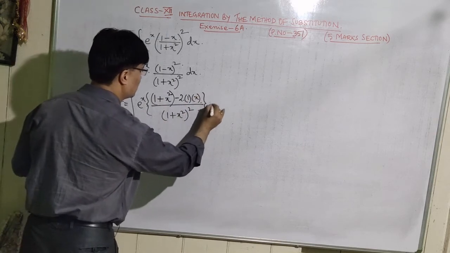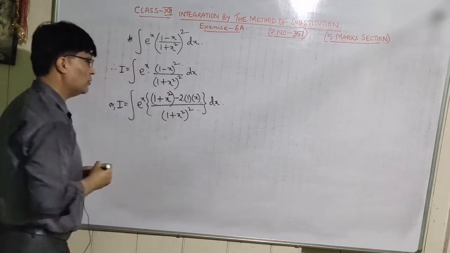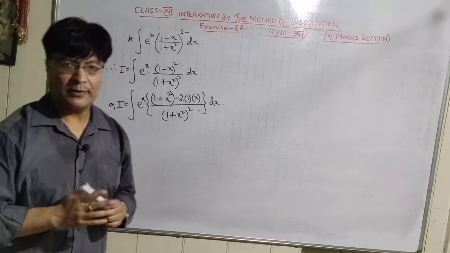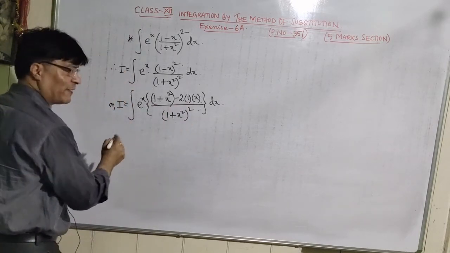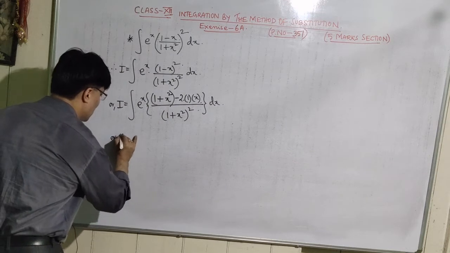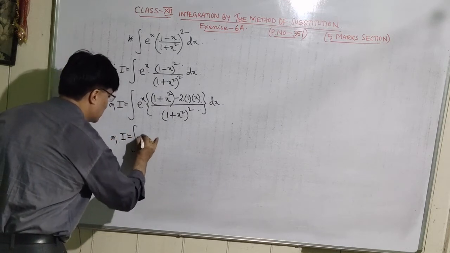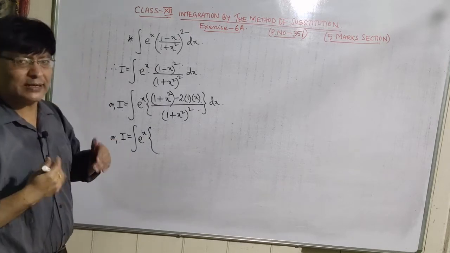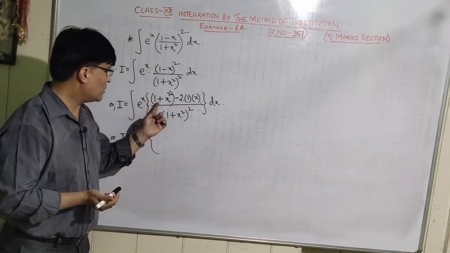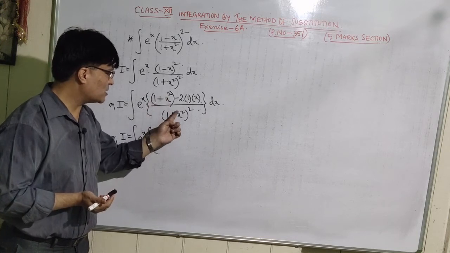So let us keep it within second bracket, then you can write dx. So I think you have understood it. Okay, so now let us separate this fraction again. Or I is equal to integration of e to the power x. Now within second bracket, let us separate the term. 1 plus x square divided by 1 plus x square whole square.